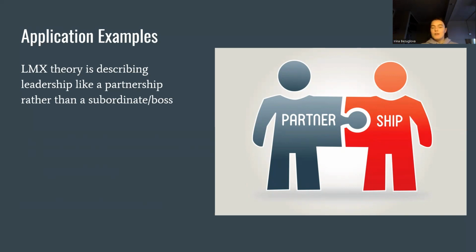So that is what LMX theory is about, as opposed to being one way or transactional between a boss and subordinate, where a boss just gives directions and the subordinate is expected to do these things. LMX theory does not describe leadership in that way. It is more, like I said, a relationship and a partnership.